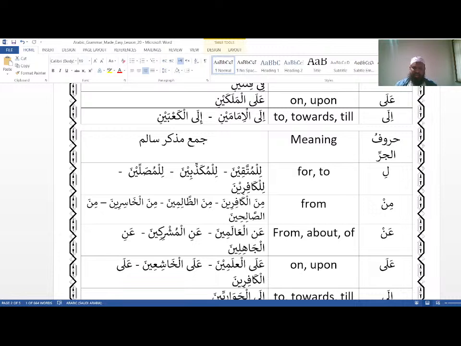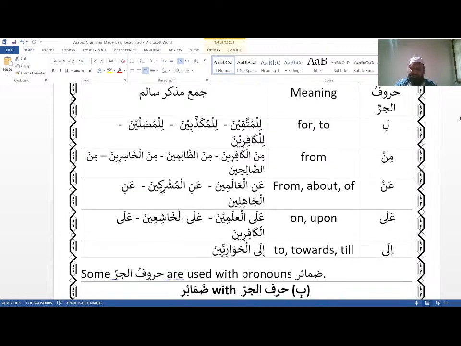Ala al-alamina, ala al-khashi'ina, devoted ones. Ala al-kafirina, upon the kafirs, non-believers. Ila, towards, to. Ila al-hawariyina.